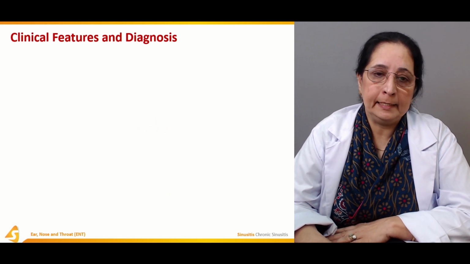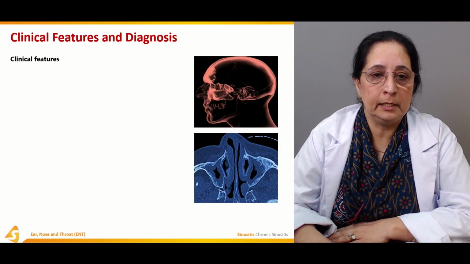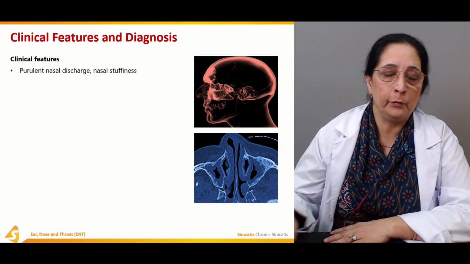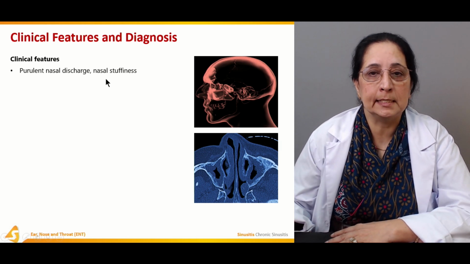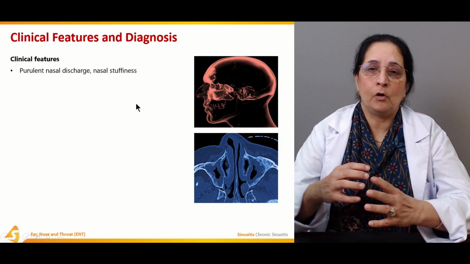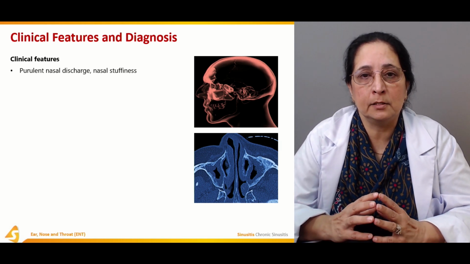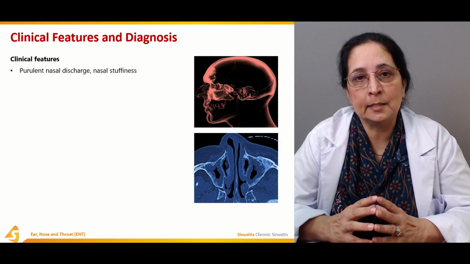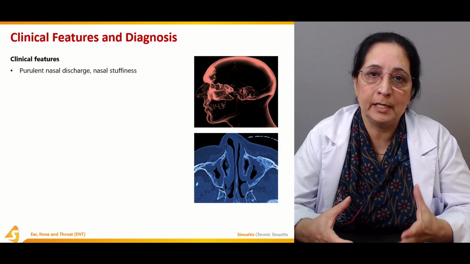Clinical features and diagnosis. Usually the clinical features are purulent nasal discharge and nasal stuffiness. Now with chronic sinusitis, there is no more serous fluid, which is thin and watery.